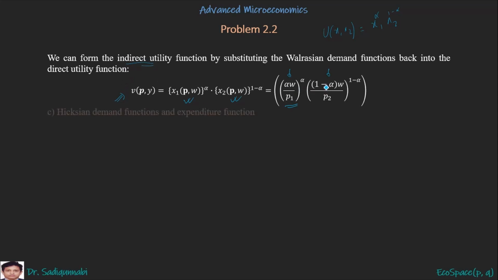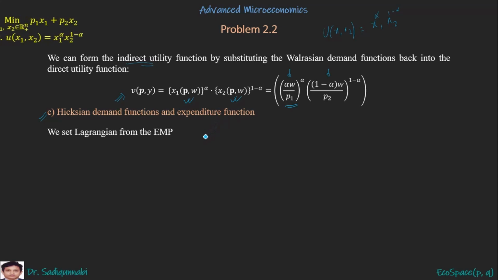Now 2.2c, which is about the Hicksian demand function and expenditure function. Again we set the Lagrangian for the EMP, expenditure minimization problem.